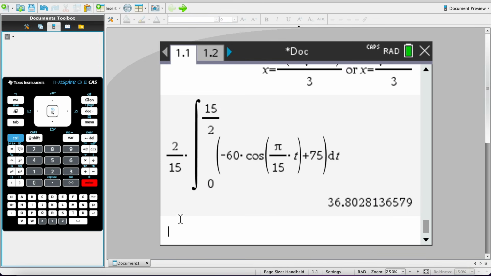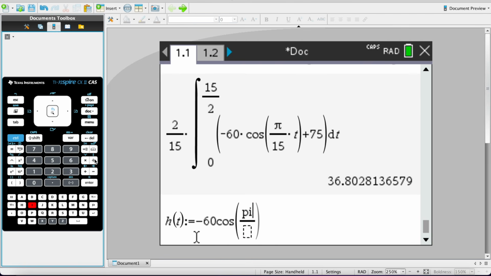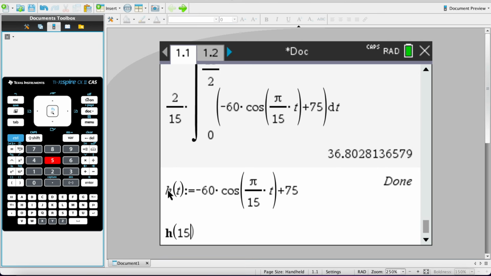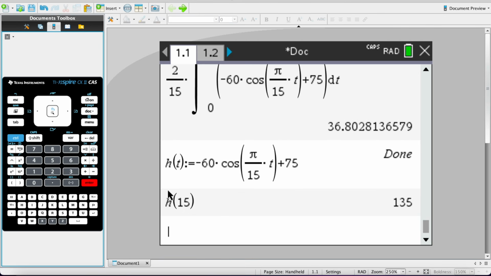And h of t is defined as negative 60 cos of pi on 15 t plus 75, and h of 15, well, I could have worked that one out, but that was 135. So k is equal to 135, and then it wants the value of m.